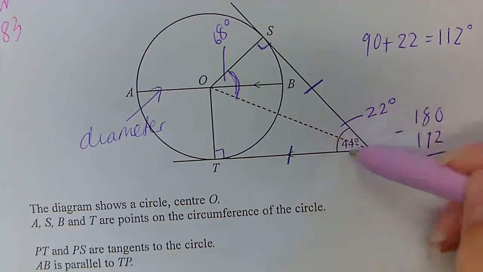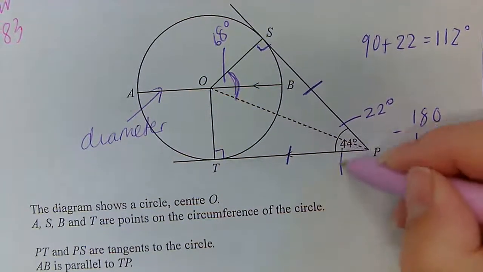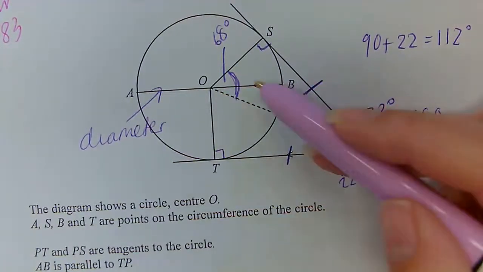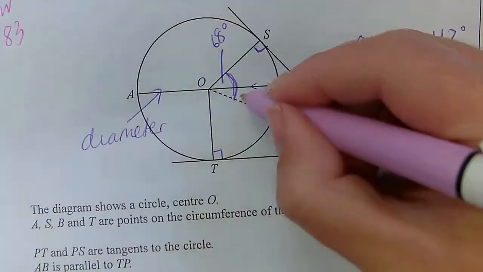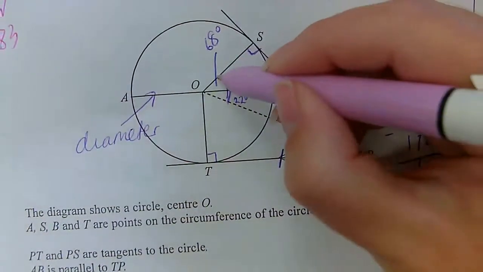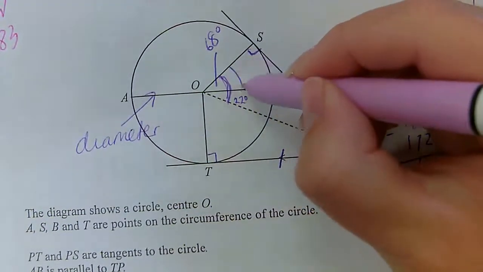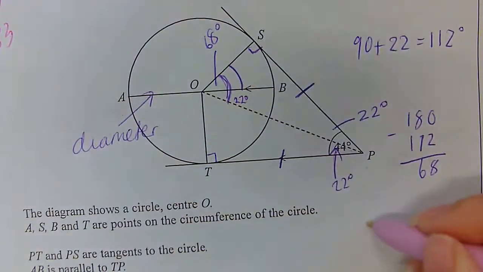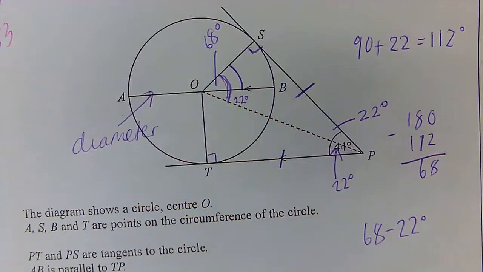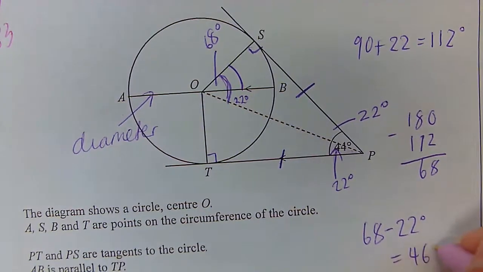We've already said that this cuts this angle in half, so that is also 22 degrees. So if this is now a Z, alternate angles equal, this is 22 degrees here. So our little bit here is going to be 68 minus 22 degrees, which is going to give me 46 degrees.